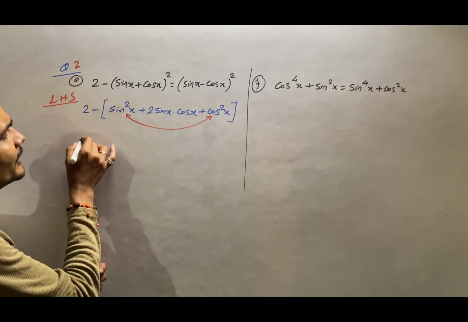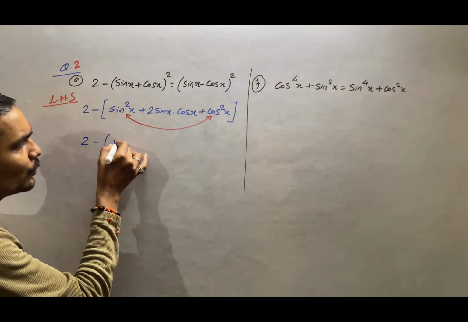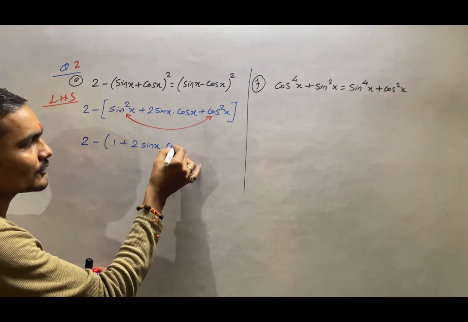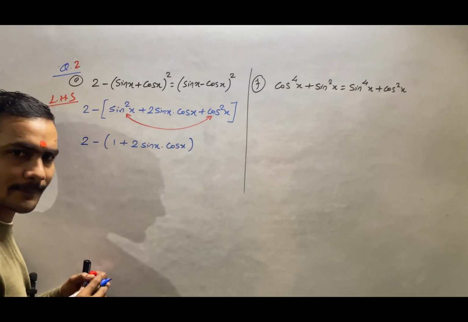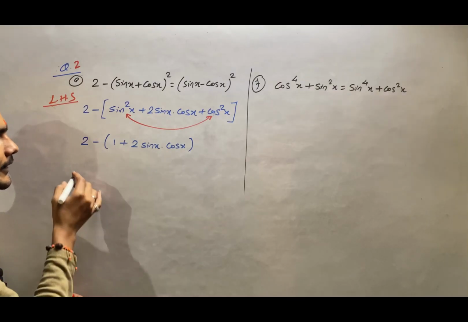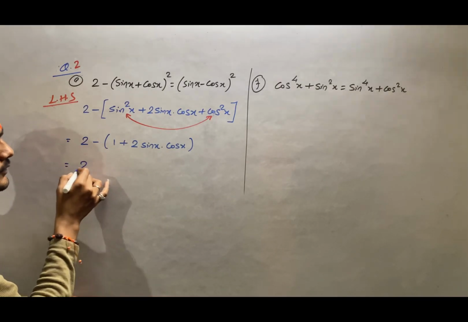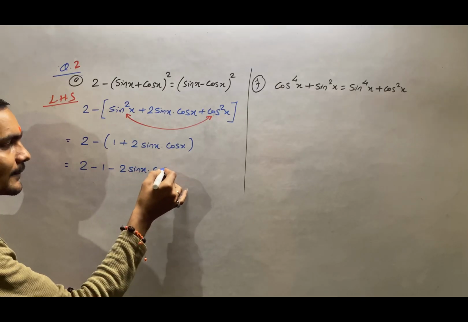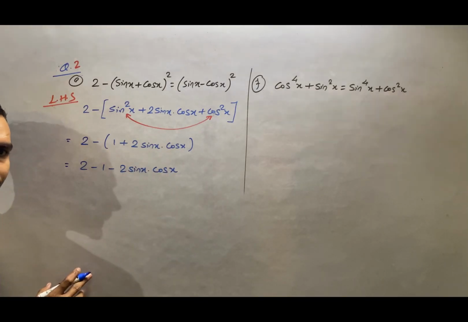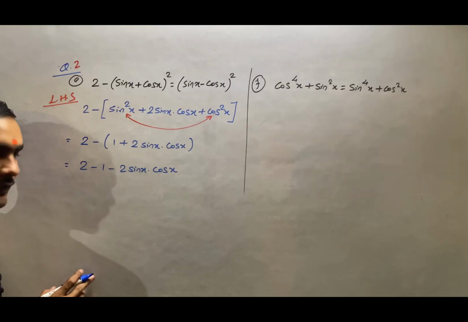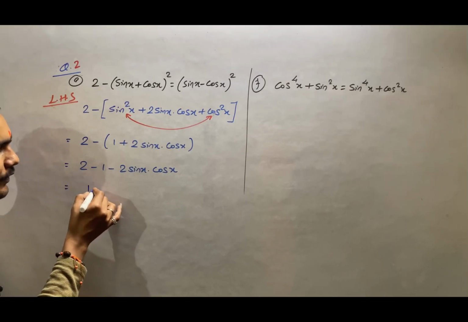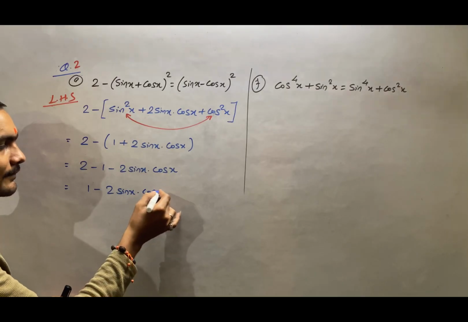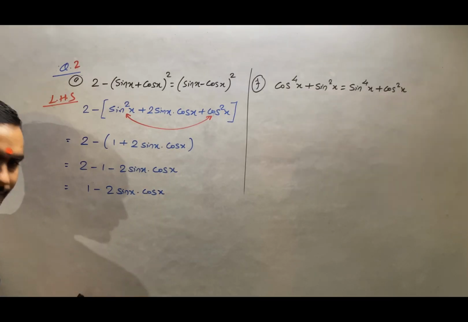So we can say 2 negative in a bracket 1 plus 2 sine of x times cos of x. Now let's open the bracket. So 2 negative 1 negative 2 sine x times cos x. Okay. So now here we left 1 minus 2 sine x times cos x.